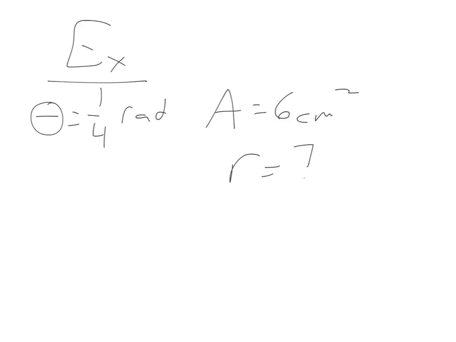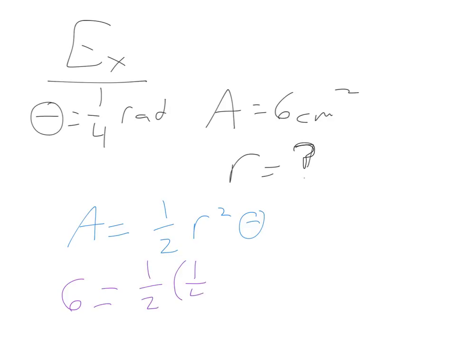Alright, if our angle is 1/4 radians and our area is 6 square centimeters, what would be our radius? And that's supposed to be a question mark. So, we can use our formula. Our area is 6. Do 1/2 times our theta, which is 1/4, times the radius squared.